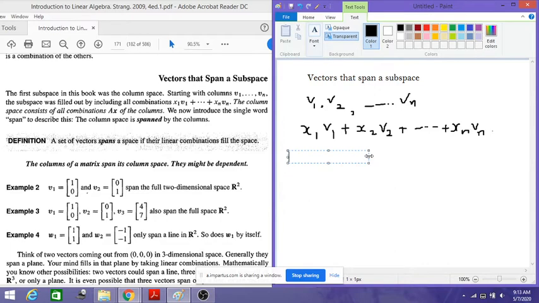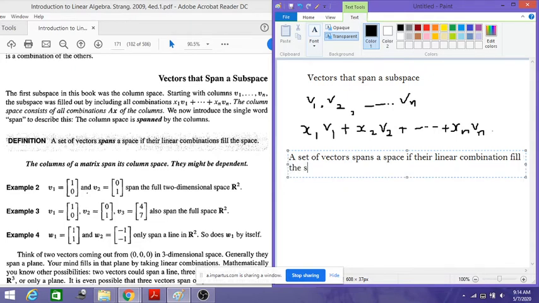Let me write the definition here: a set of vectors spans a space if their linear combinations fill the space. Now let us look into a few examples of columns that span the column space. They might be dependent or they might be independent as well.